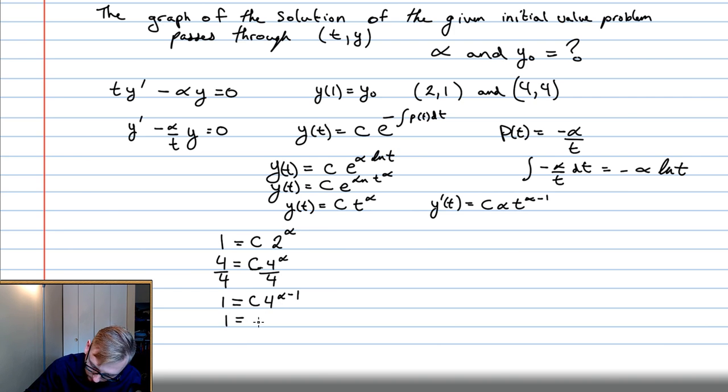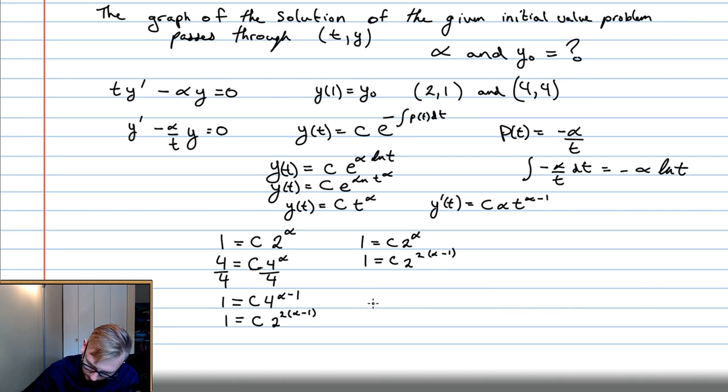And so 1 equals c times 2 squared alpha minus 1. So then we've got 1 equals c times 2 to the alpha. We've got 1 equals c times 2 to the 2 alpha minus 1. Cool, cool, cool.